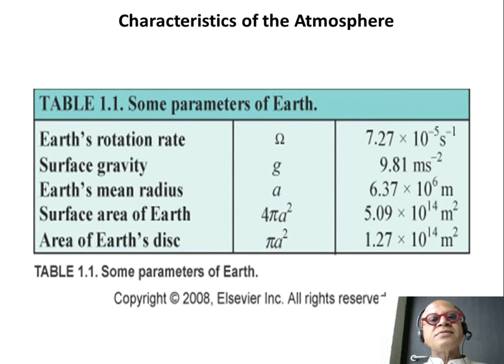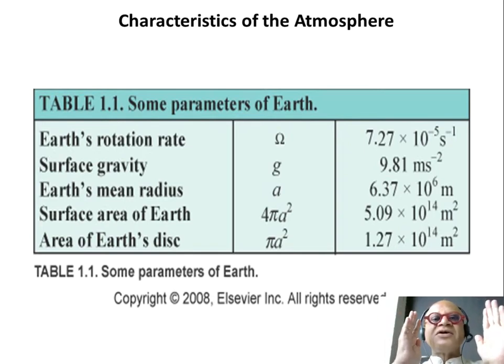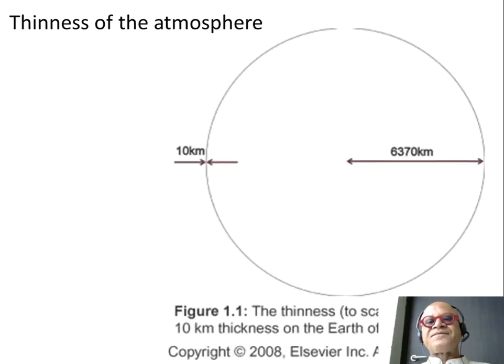Why is that important? Because it turns out that that's what determines how much of the sun's energy is intercepted by Earth. Okay? Energy intercepted is going to be the area that Earth projects to the sun as a disk. It's a circular disk because Earth is a sphere, right?